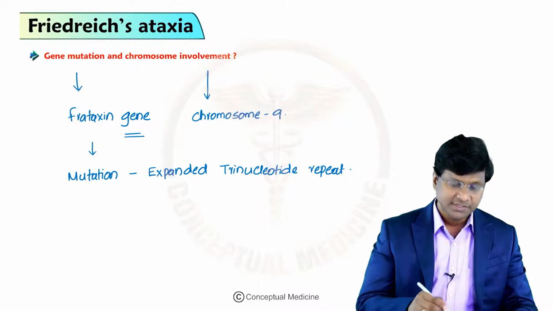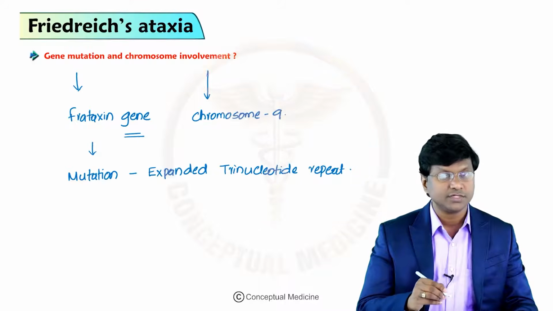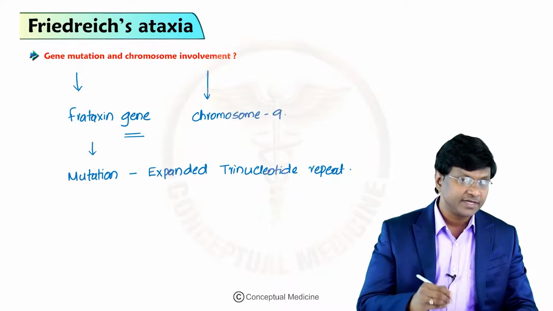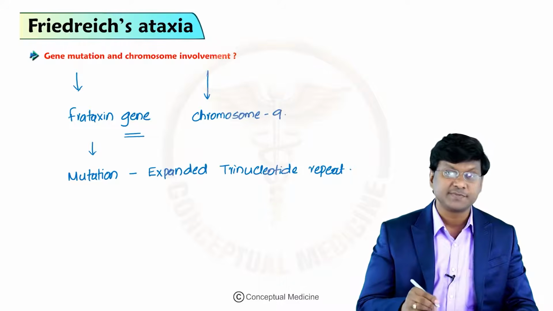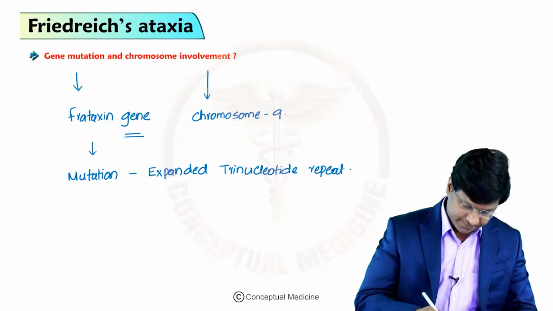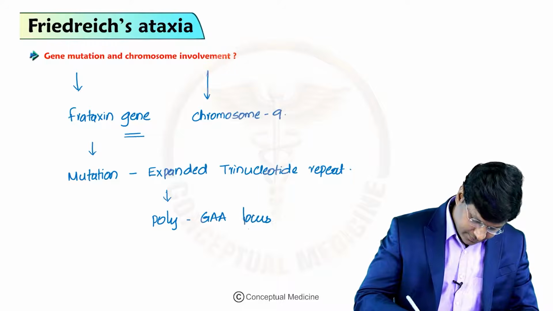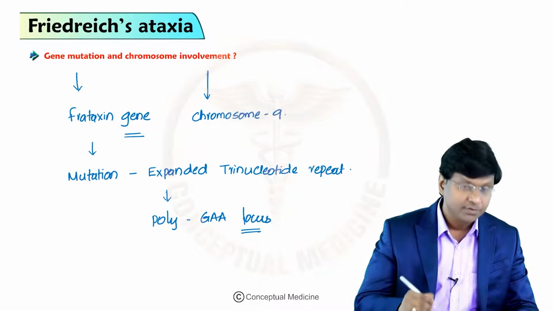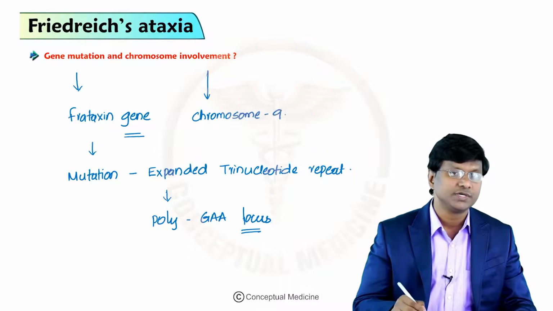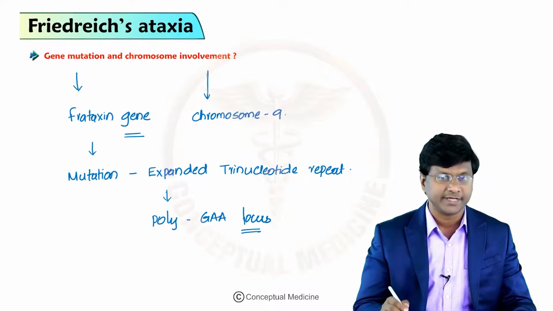As I have said, this disorder is an autosomal recessive inheritance with trinucleotide repeat, and it is caused by expansion of a poly-GAA locus in the gene for Frataxin on chromosome 9.